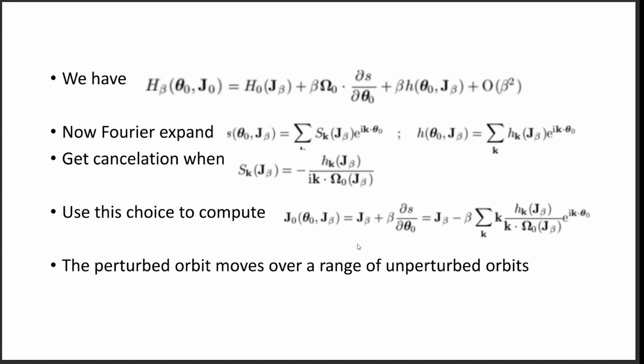And so given that S is equal to this, we can calculate, for example, the unperturbed action as a function of the true action and this over here. So this tells us that the unperturbed action is equal to the true action, which of course is constant if we solved our problem correctly, plus this Fourier series. So the unperturbed action wanders around a bit as the true action stays constant.